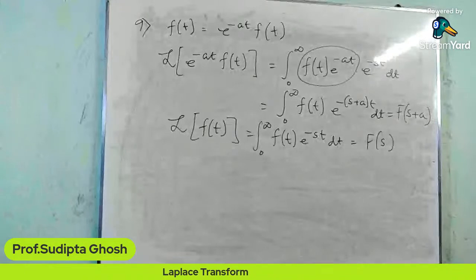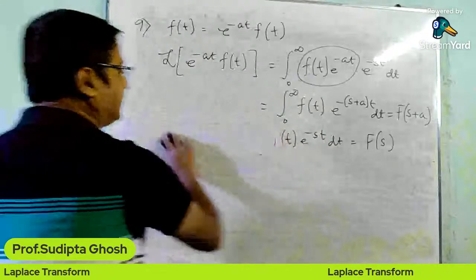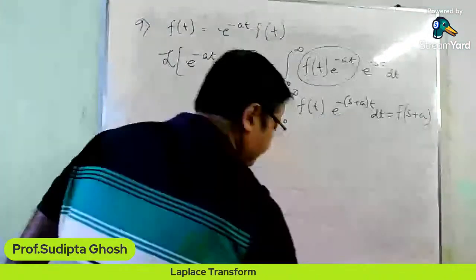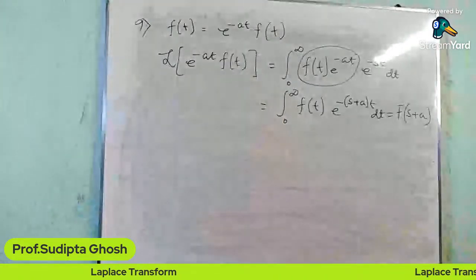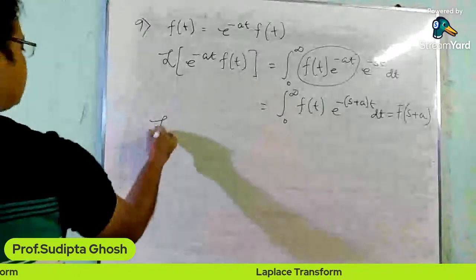Now just take some examples. Remember this particular form. Take the Laplace transform of the function e to the power minus at cos omega t.